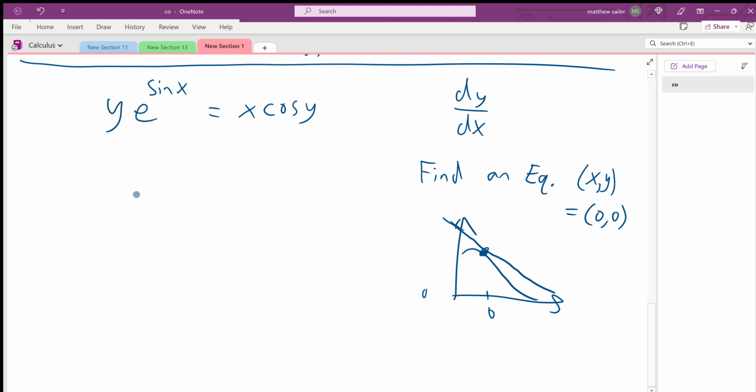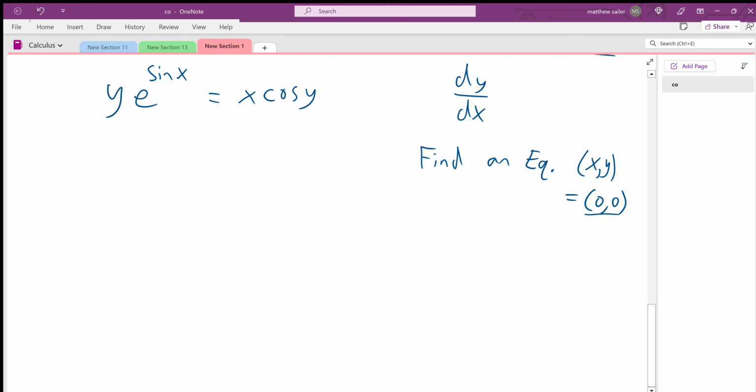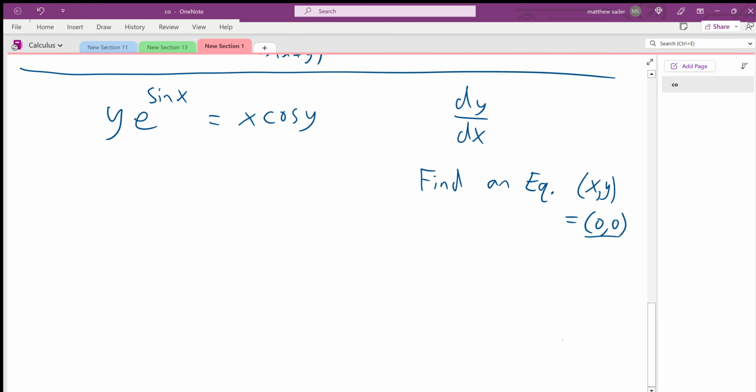But I know this isn't going through the origin, but if the axes were set up like that and that was the line, we're finding the equation for the tangent line at that point 0, 0. Alright, let me make room for this. And this last step is not very hard. Alright, this equation though is going to be a little bit difficult.